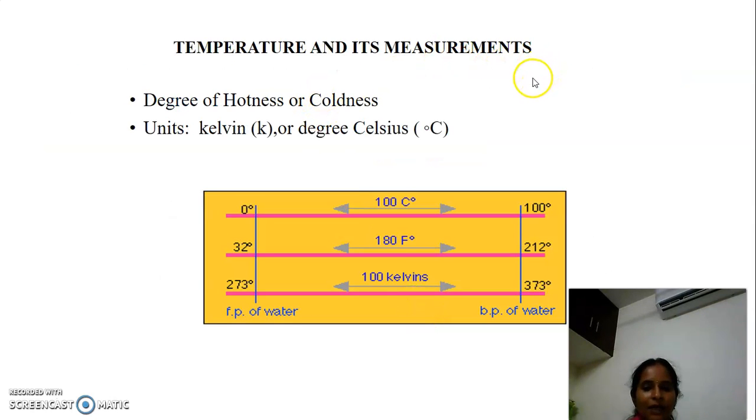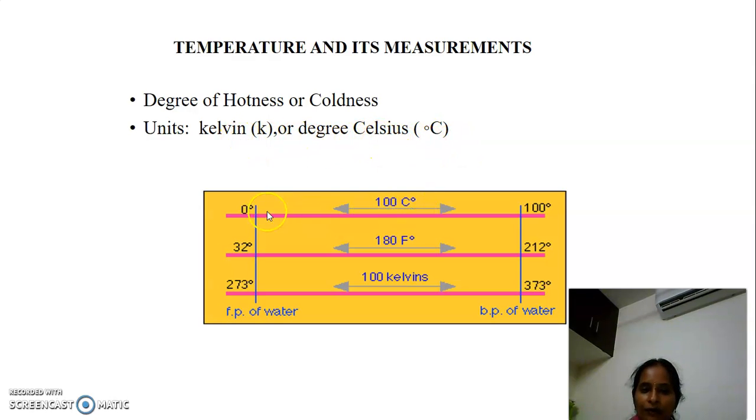Temperature and its measurement. As we have studied pressure measurement, temperature measurement is also very important, because the heat energy we are supplying is measured in terms of temperature, which is defined as the degree of hotness or coldness, measured in either Kelvin or degree Celsius.